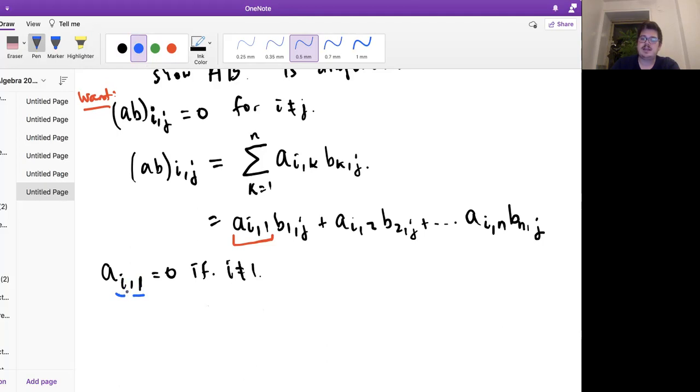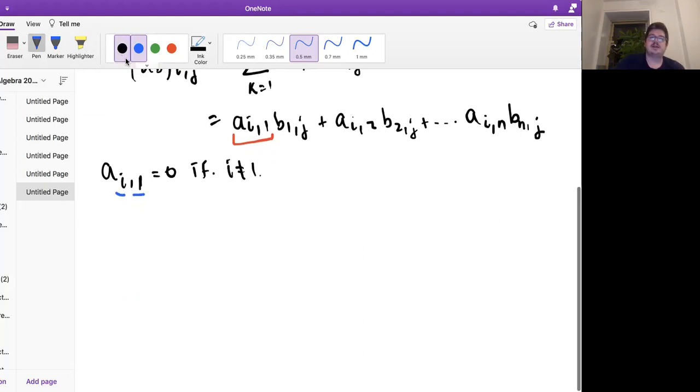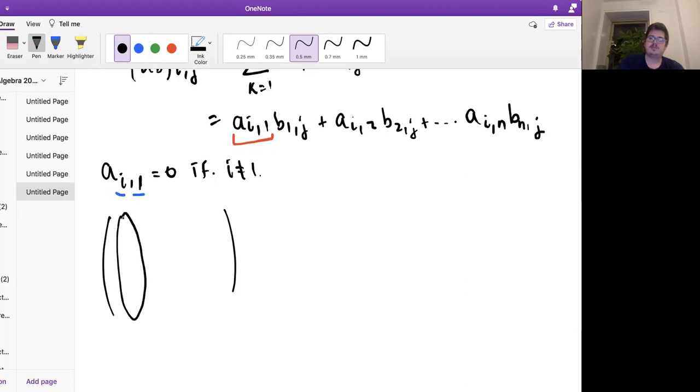So even just think about the first column in the diagonal matrix. Look at the first column: the only entry that's possibly not 0 is A1,1, but the rest must be 0. That's the idea.